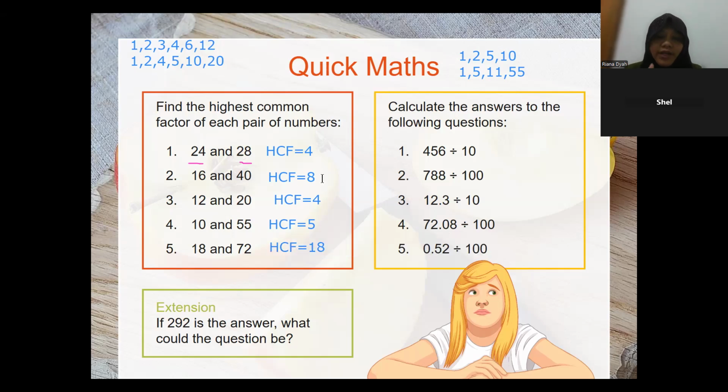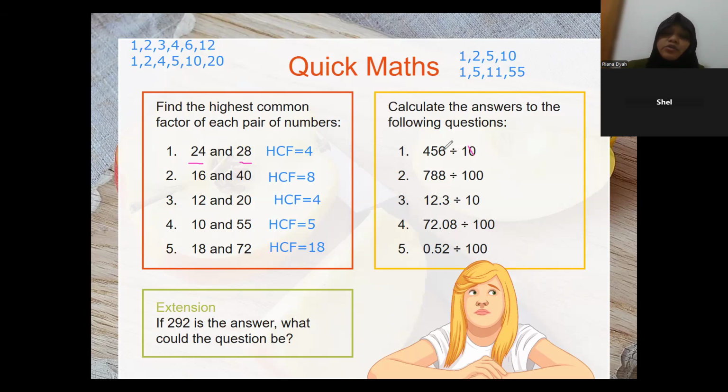Now we are already done with the first way. Now we continue with the second way, which is to calculate the answer to the following questions. In here, you just divide by a multiple of 10. As I told you before, first you need to see how many 0s there are in the 10. For example, number 1, the number of 0s is only 1, right?